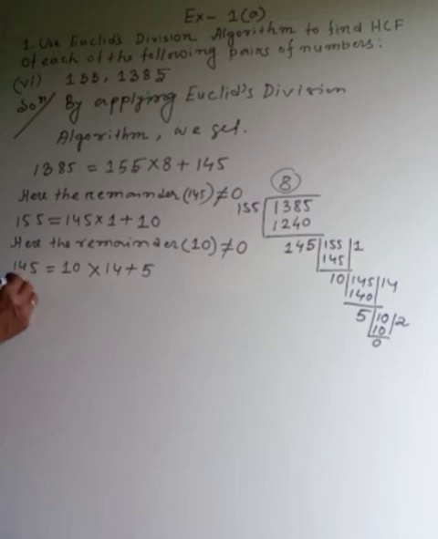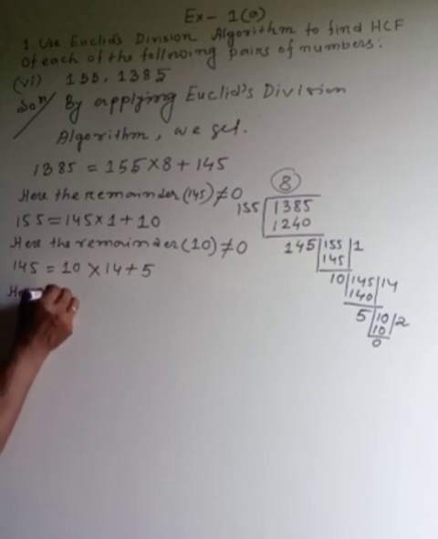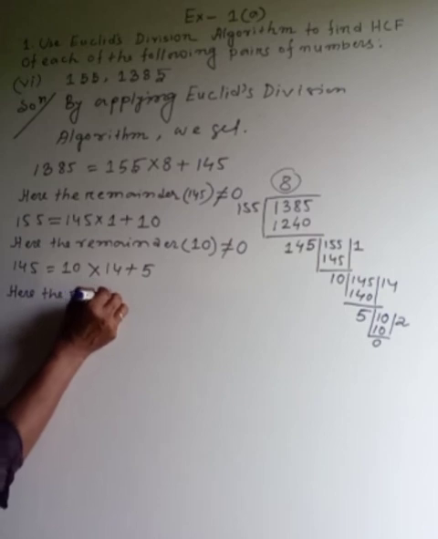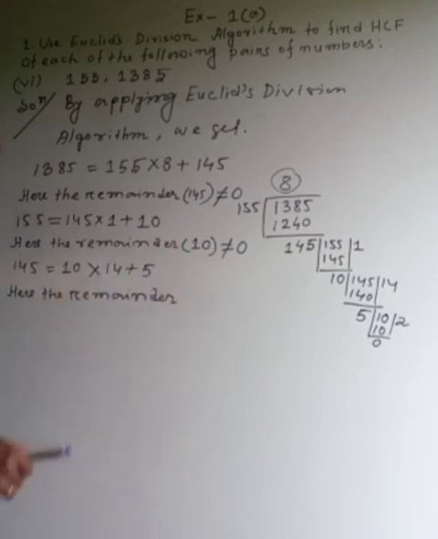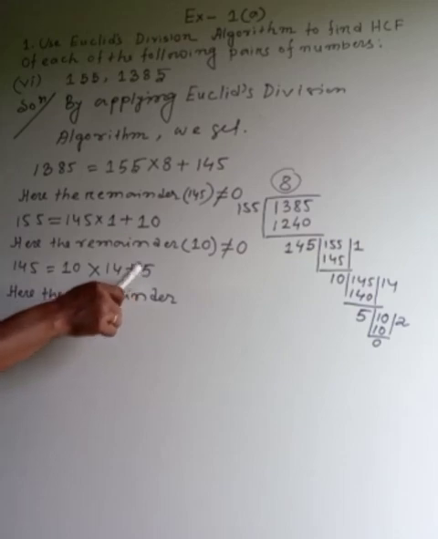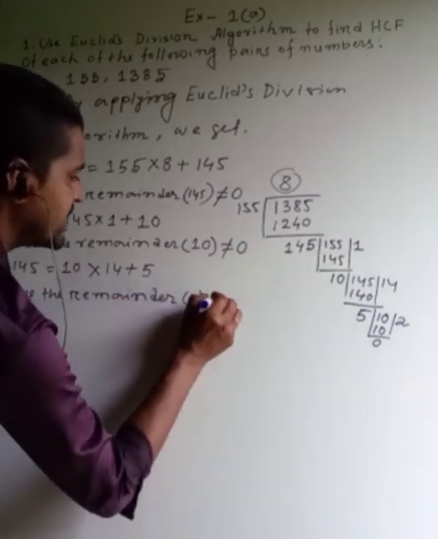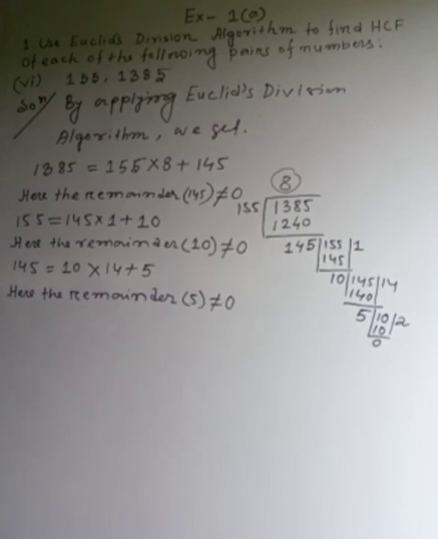So when you got 5 as the remainder, it means we can write here the remainder. Here the remainder, how much was the remainder? 5. It means not equal to 0.